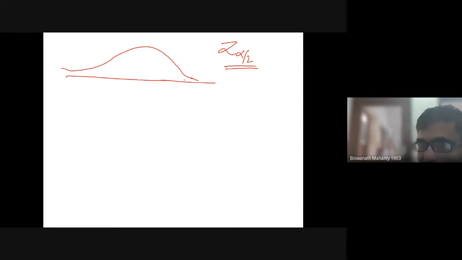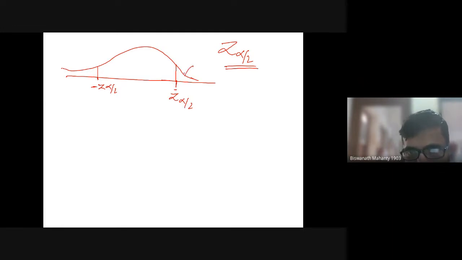It is basically these numbers, like minus 1.96, plus 1.96. That is called z alpha by 2. This is called minus z alpha by 2. When I'm talking about alpha by 2, what does it mean?